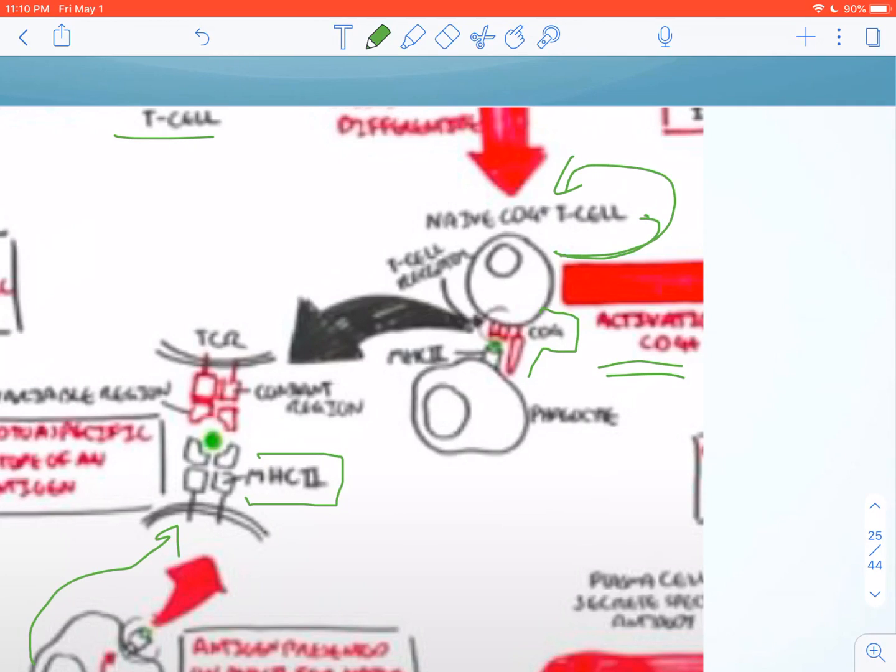And it's then going to alert natural killer cells and macrophages to let them know that this particular antigen is what they should be looking for. So that's one of the roles of the helper T cell.